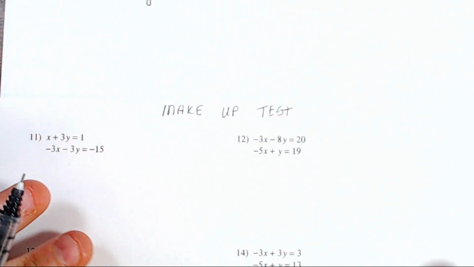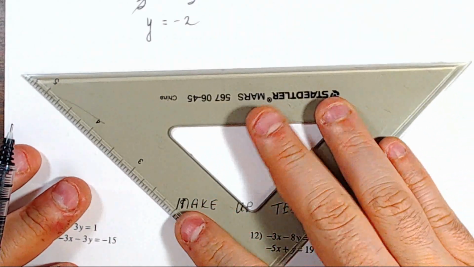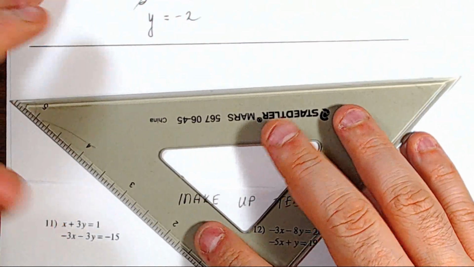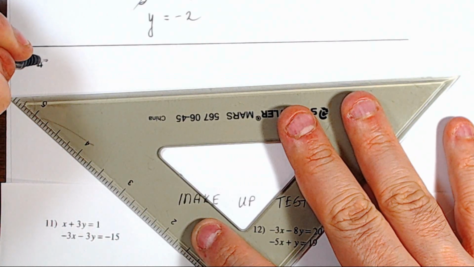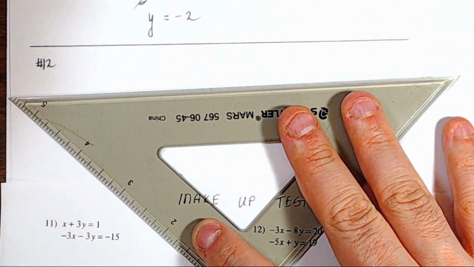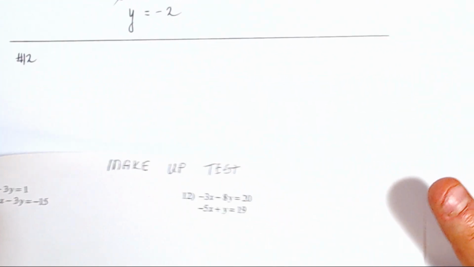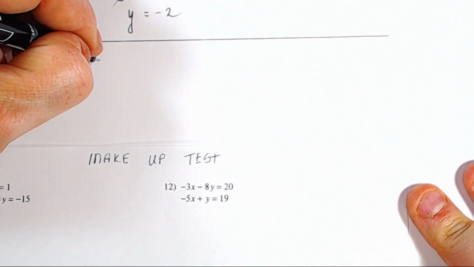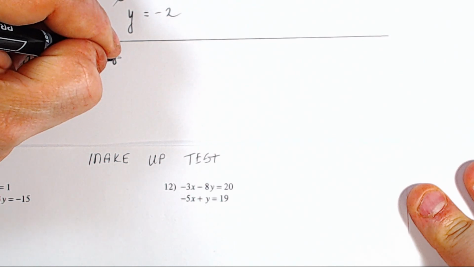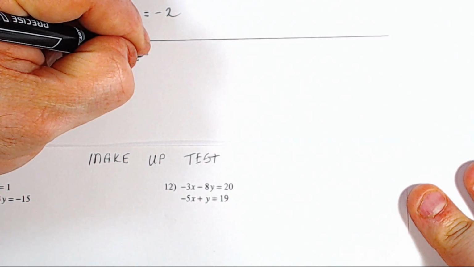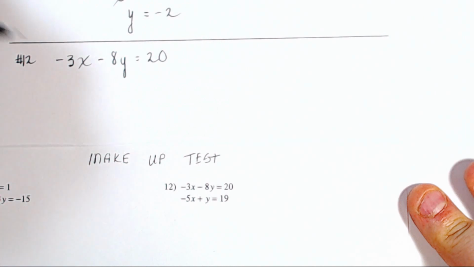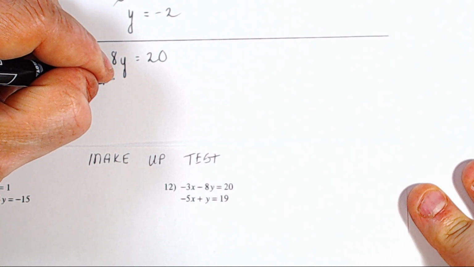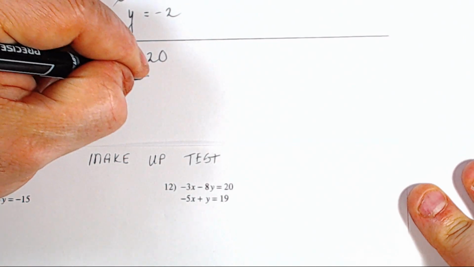Number 12: negative 3x minus 8y equals 20, and negative 5x plus y equals 19.